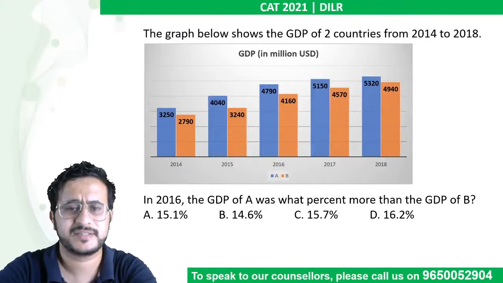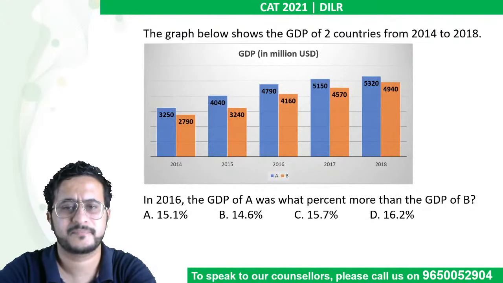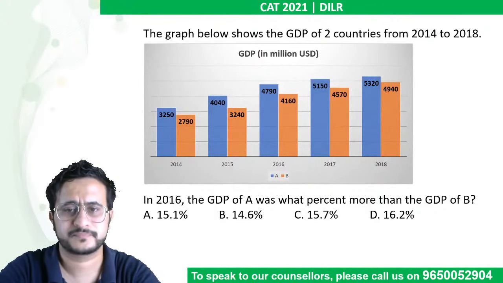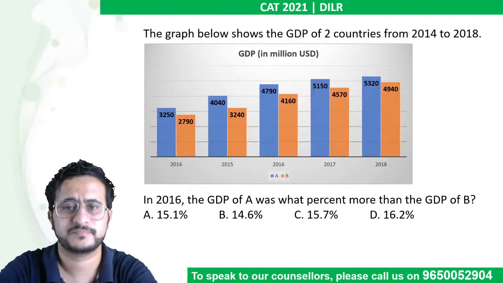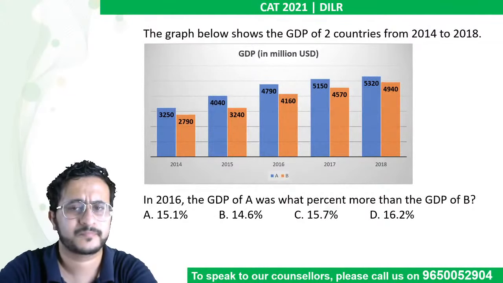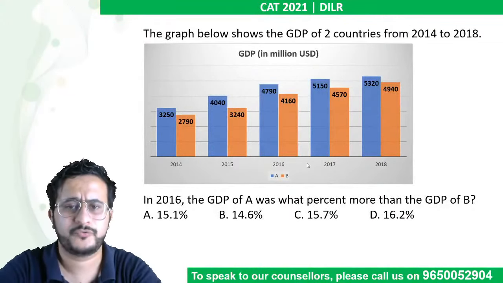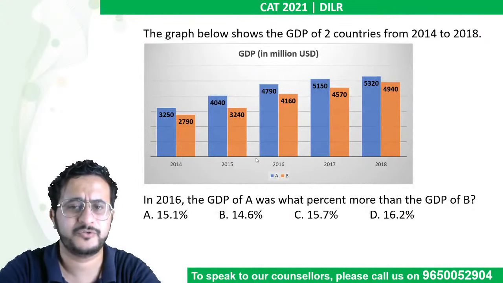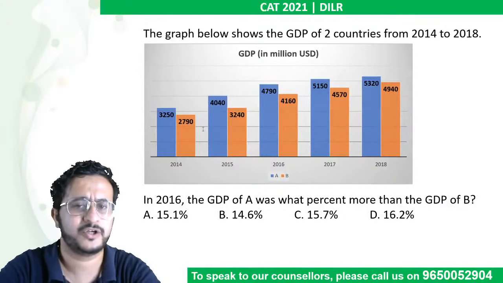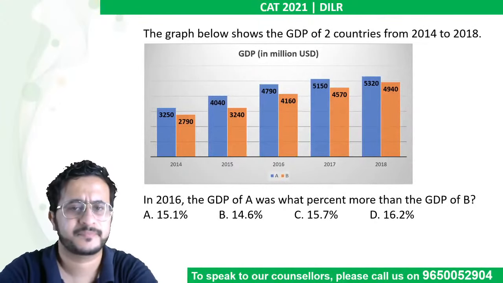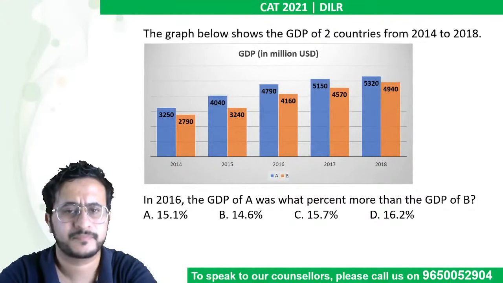Which of the 4 options is correct? So follow that 4-step method. First of all, you find the calculation friendly denominator. And then do the rest.